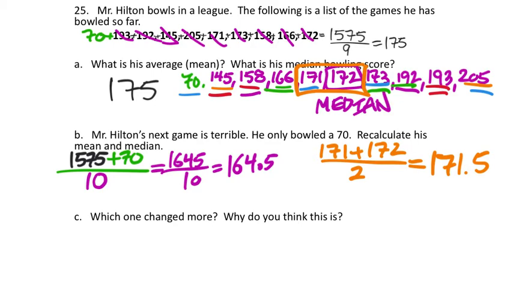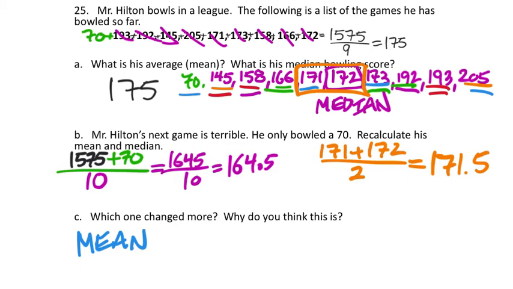So we see the median used to be 172, and a new score didn't take it down that much, but the mean did. So we see that new values introduced, if they're on the extreme, can definitely change means, but don't change the medians so much sometimes. So which one changed more? Yep, the mean did. Why do you think this is?